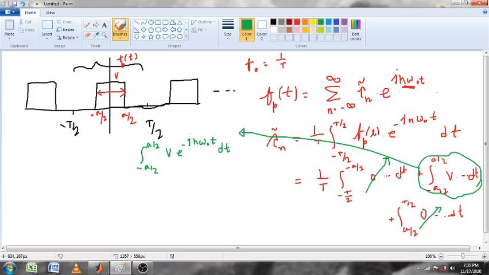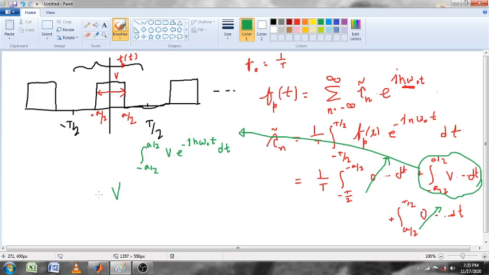I'll request you to do this integration by yourself, even if I do it now, because this is one result that will come repeating time and again, okay? So if we do the integration, it is simple, e power j theta, right? If we integrate e power j theta, it turns out to be e power j theta over j. We put in the limits.